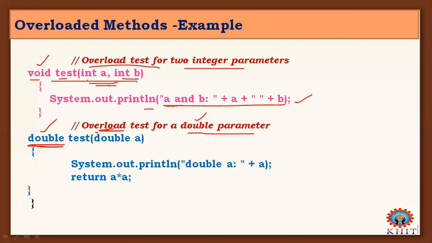That is how the compiler identifies these methods as overloaded, even though they share the same method name. It simply displays the double value and returns the square of that value. So this is the behavior of the overloaded test method.